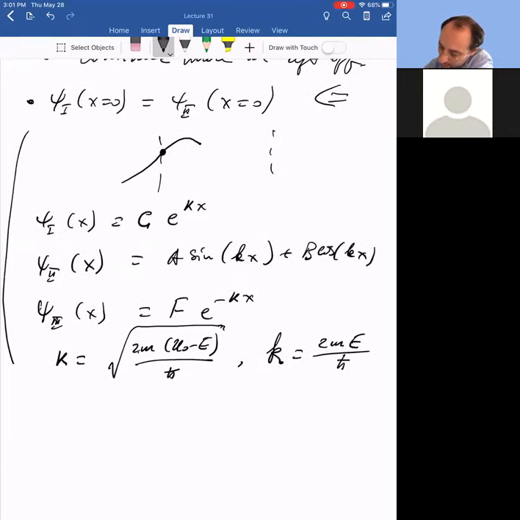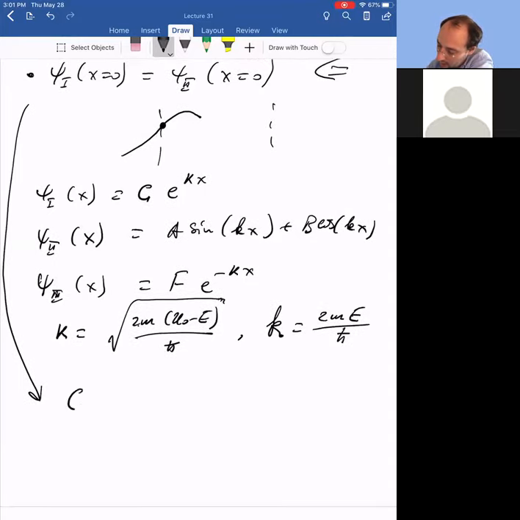I get c equals b, right? And then the second boundary condition is psi prime, the derivative, d/dx.